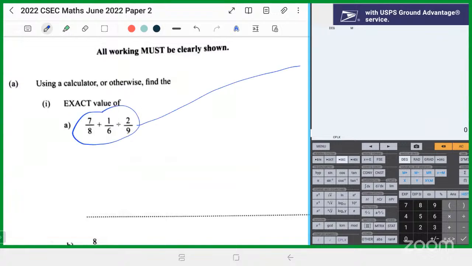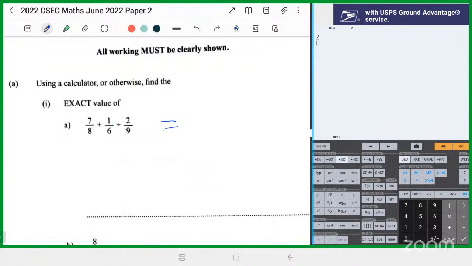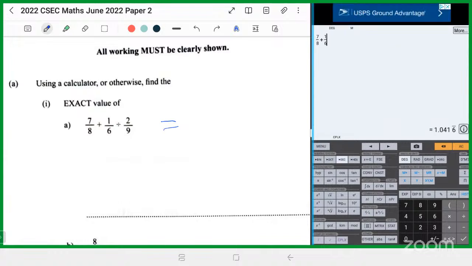So we're just going to put that in the calculator. Put it in with this division sign right here. So be careful. It's 7/8 plus 1/6, and then divided by 2/9.